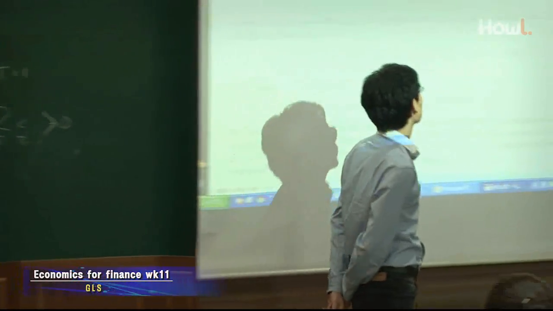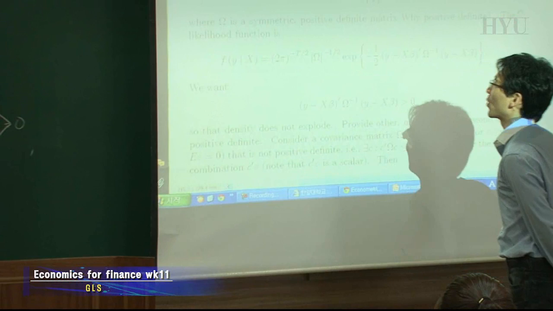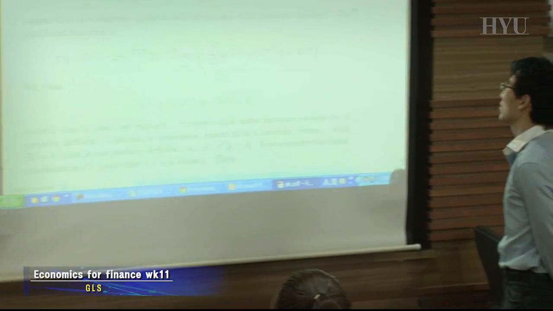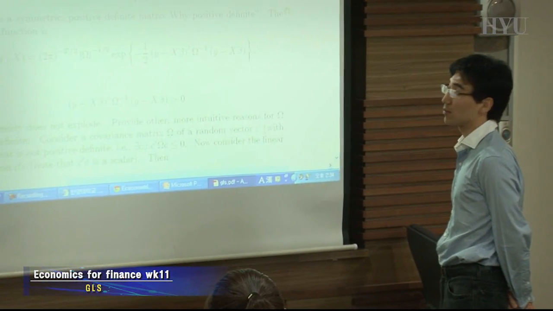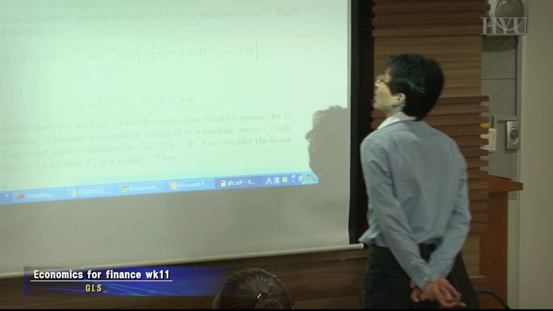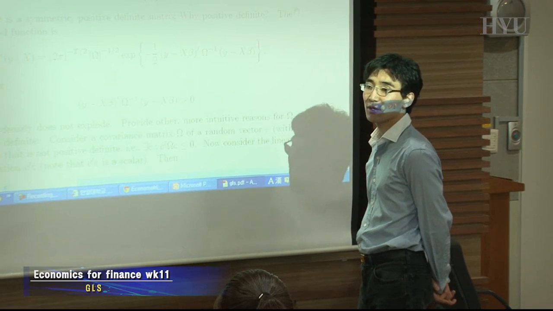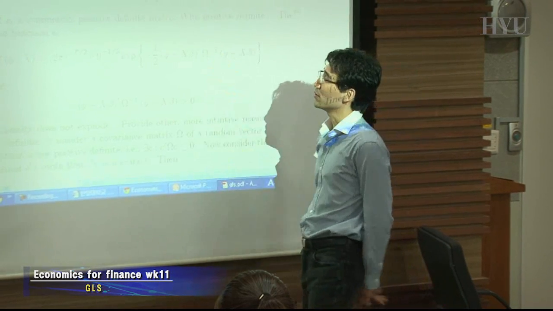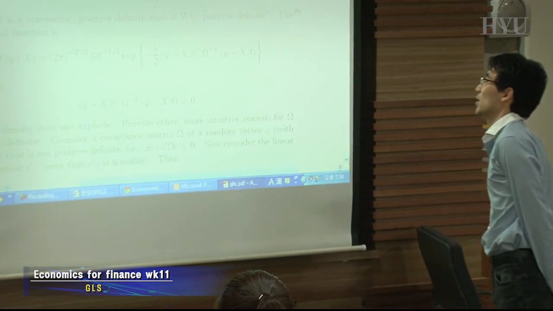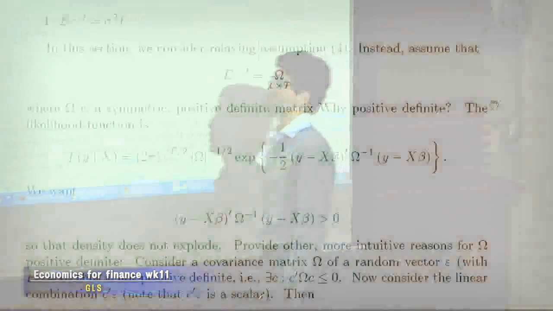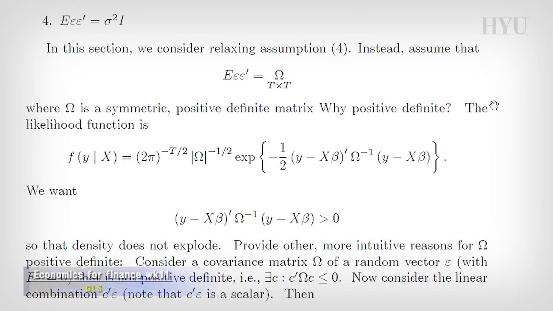The mean of y given x is simply x beta, and the covariance matrix of y given x is simply Omega, right? So we have this, and we want this part greater than 0, and likewise this part greater than 0, so the density does not explode.